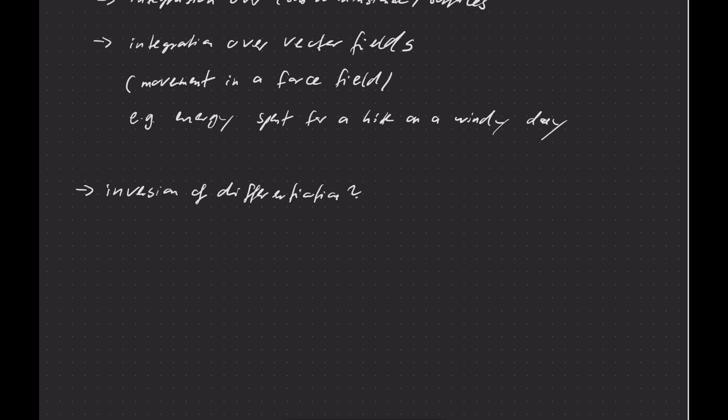Problem here is consider a function f from Rn to R, to the reals. Then the derivative of that function is basically the gradient. So the gradient of f, that's a vector in R to the n for each possible point x.